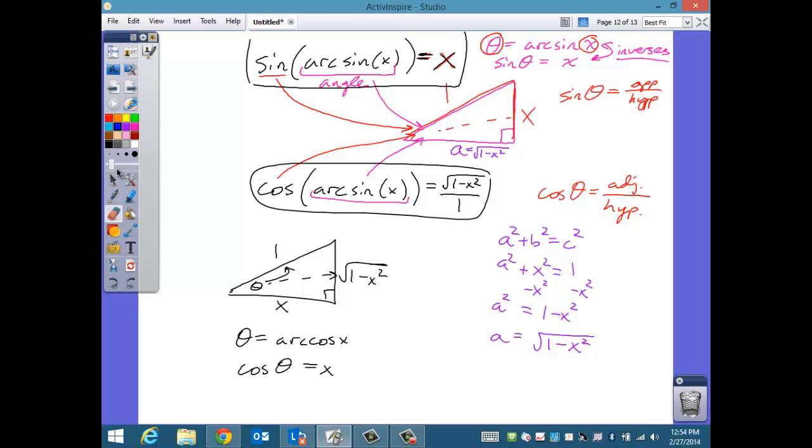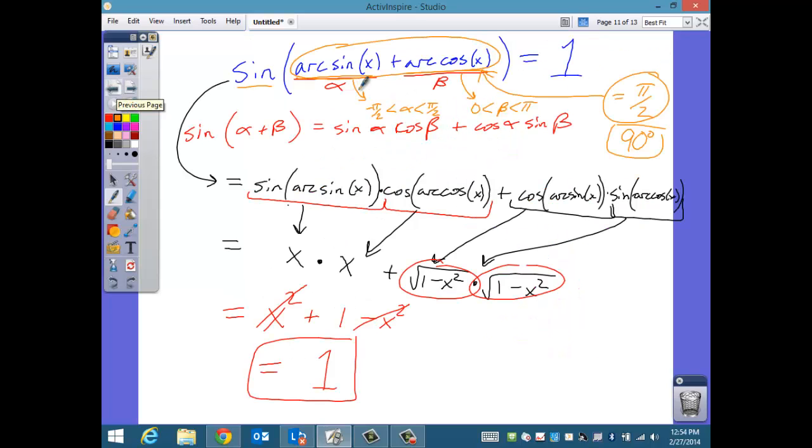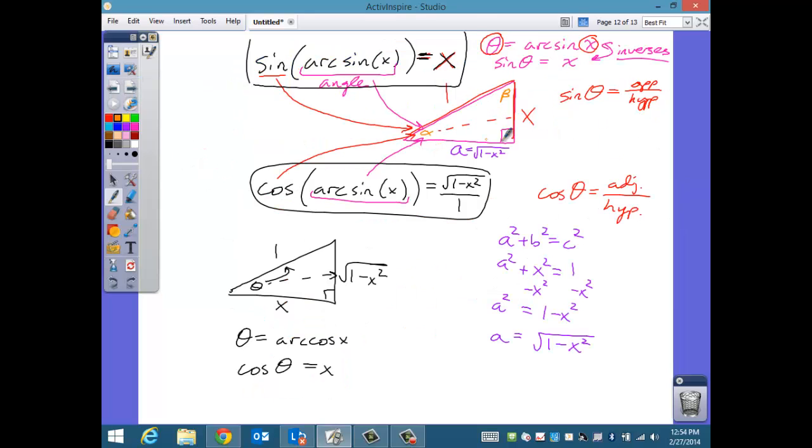We could say this guy right here is your alpha, and this one right here is your beta. Alpha plus beta, just like we're showing here, alpha plus beta's got to equal pi over 2, 90 degrees. Well, of course it does, because look, they're the two complementary angles in a right triangle. Oh my God. Complementary angles in a right triangle add up to be 90 degrees. The sine will be 1.